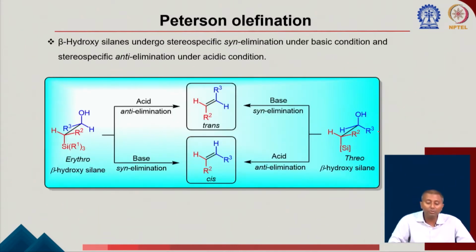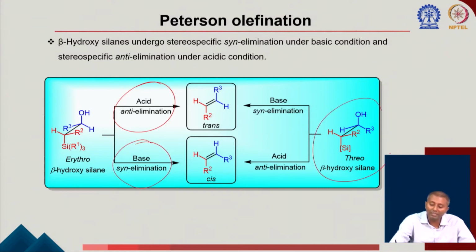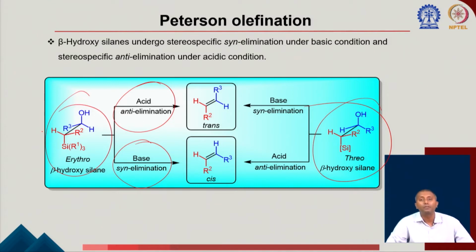Means if you use an acid or a base, from either the threo or erythro, you can end up getting the E or Z olefin. Correct? So now if you have a mixture of erythro and threo, then that is going to make the selectivity a big challenge. That's why a lot of the time you see Peterson olefination mostly used for formation of the terminal olefin, where you don't have to deal with E or Z.